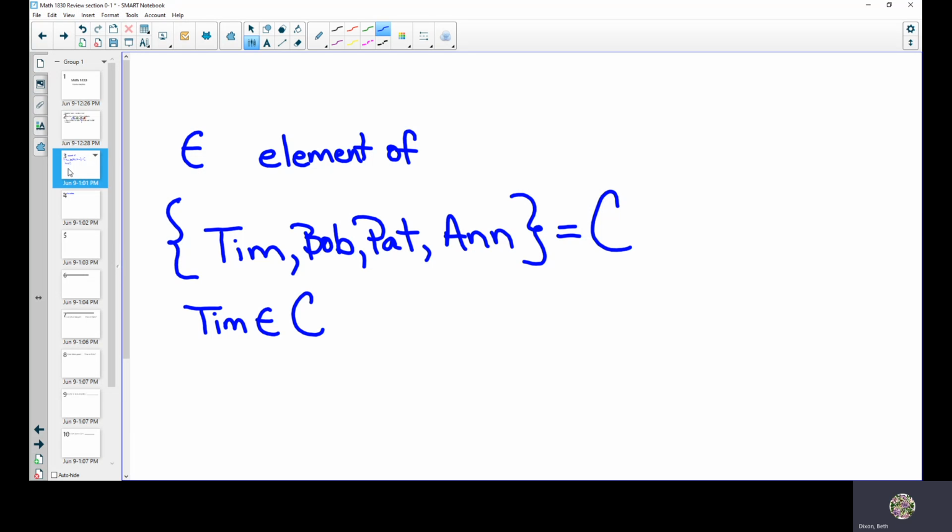Sorry for that. So now I have that Tim is an element of C. It means it's a member of a set, an element of, or a member of a set. So we want to start with that one.